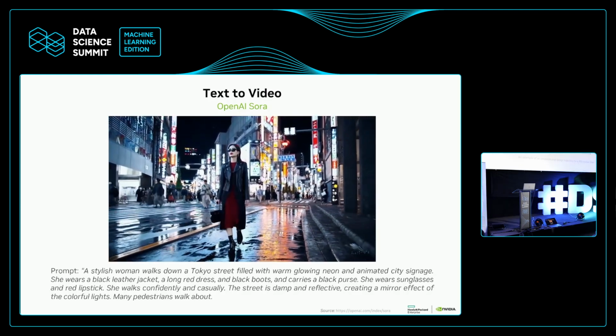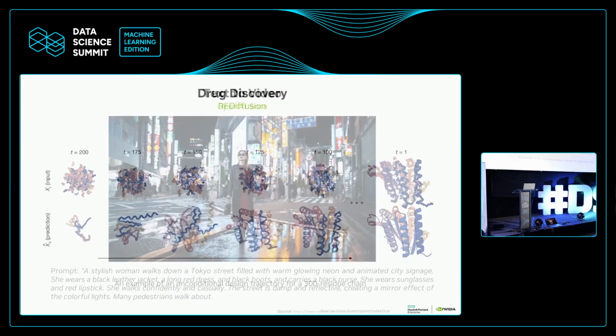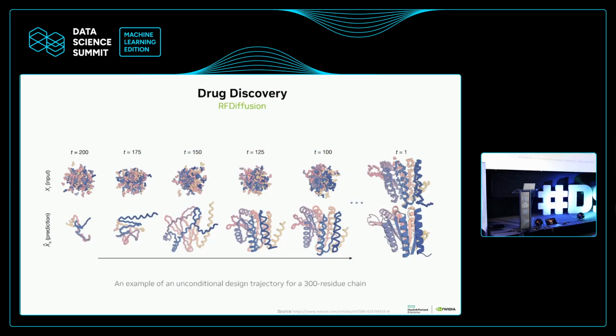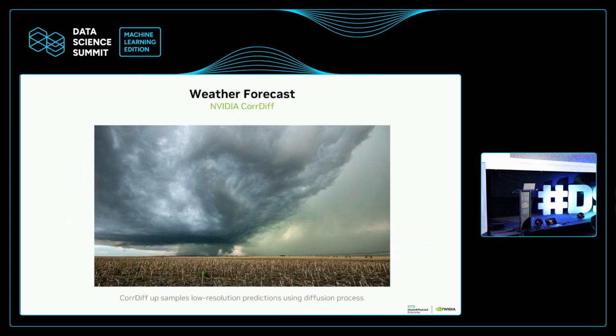But not only that. Diffusion models can also be used for drug development. For example, the RFdiffusion model is able to generate protein structures that can later be used when developing new drugs. And quite remarkably, we can also use them for weather prediction.